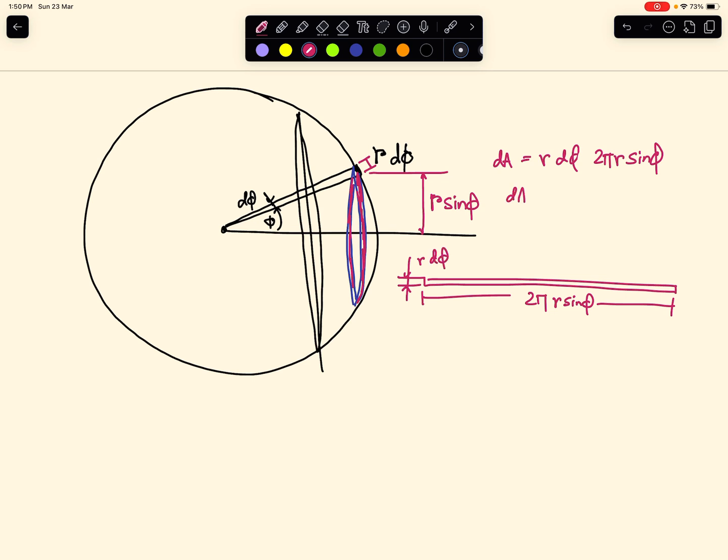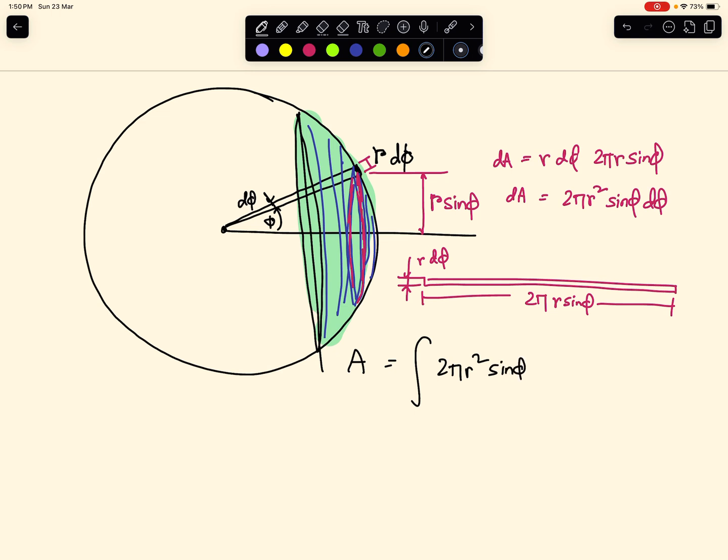Therefore dA, the area, is 2 pi r square sin phi d phi. Now you have to add up all these areas. After you add, you get this large area A. So now A is equal to the integration of 2 pi r square sin phi d phi.